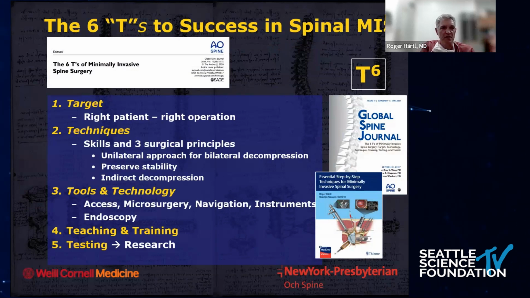And then obviously techniques, which you can learn at the course where you're at now in the cadaver lab, tools and technology. Be aware technology is important, but things can go wrong. And then teaching and training. I think that the AO and other organizations have done a great job, but there's much more that we should do to really prepare residents and fellows, not only on patients, but also in surgical simulation settings and in the labs. So thanks everybody.